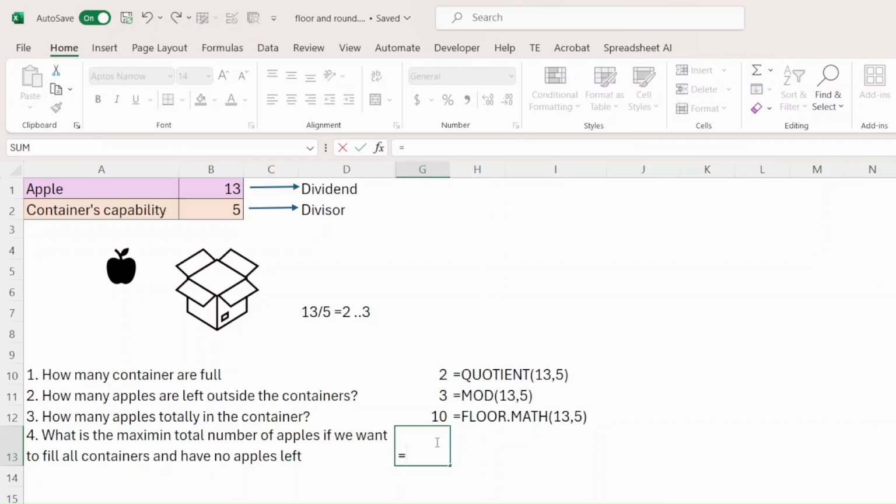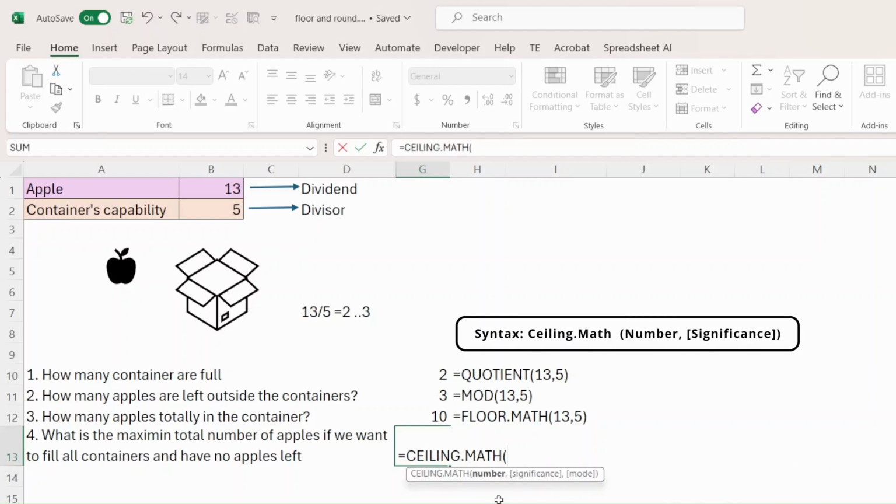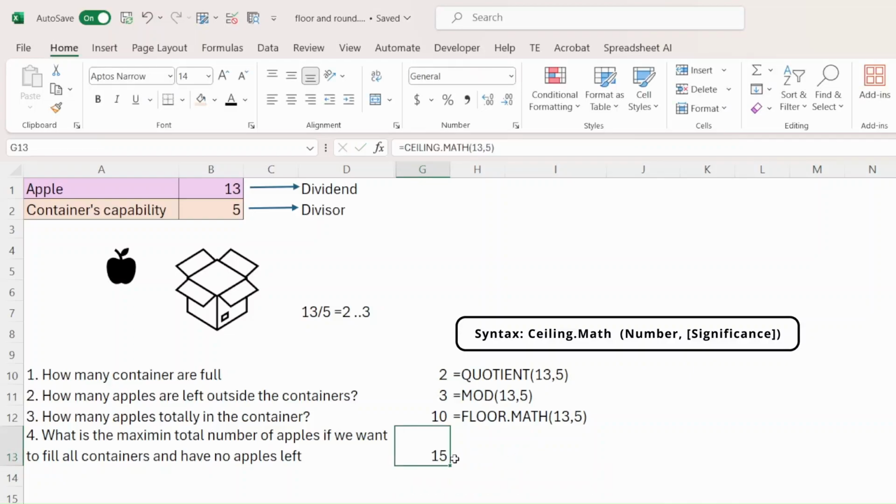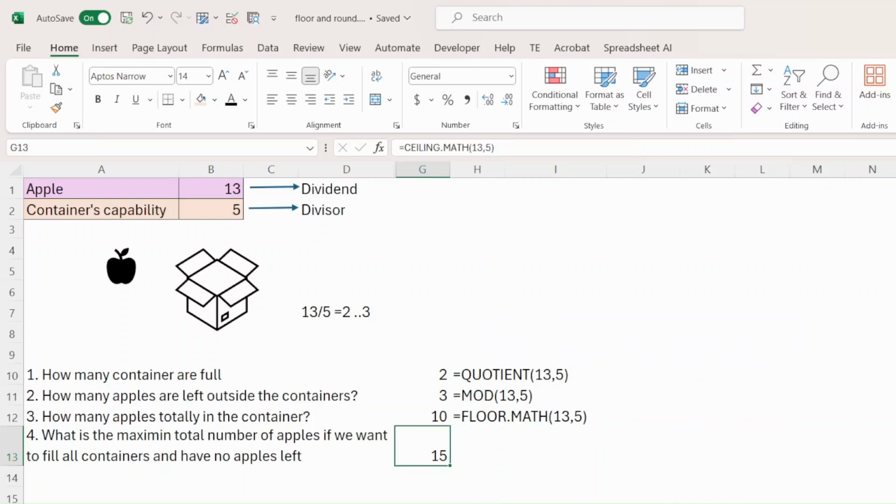It's called CEILING. The syntax is also that the first one is the number, meaning the dividend 13, and the second one is the divisor, which is 5. It will give you the closest number rounded up, and it's 15.